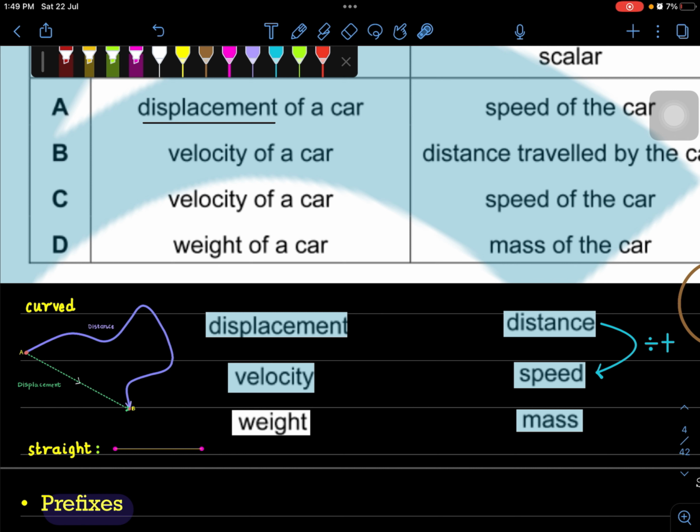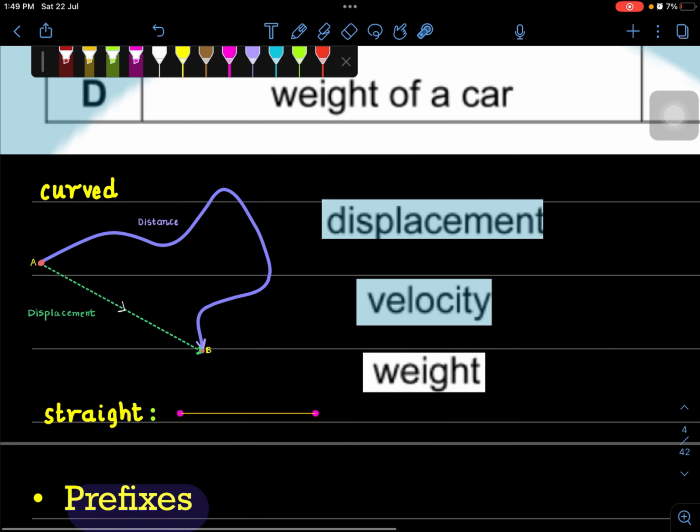But let's say I have straight line motion. Let's say that a car is traveling on a straight road. Let's say that this is point A, the start point, and this is point B, the end point of the car's journey. Now, in this situation, you see the distance is also from A to B in the straight line, and of course, the displacement will also be the same.